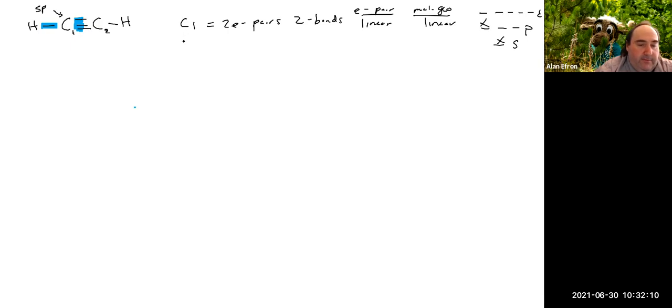If we do carbon number 2, it will actually end up the same. It has 1 electron pair on the right, 2 electron pairs on the left, also has 2 bonds, has linear and linear, also going to end up as SP hybridization. Any questions on that there?